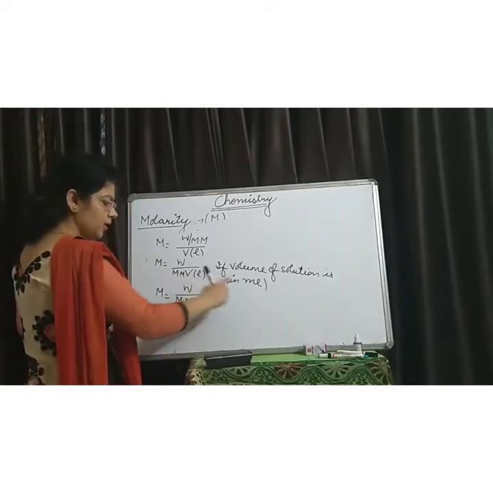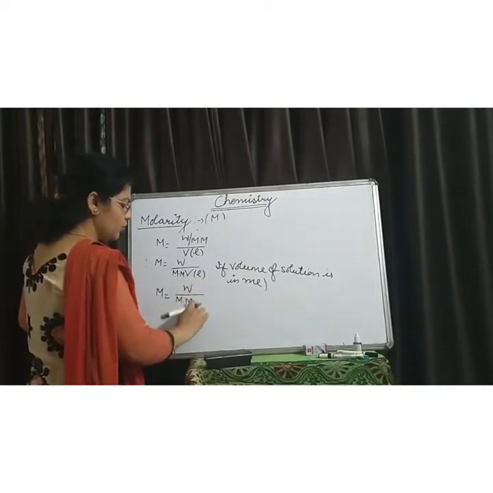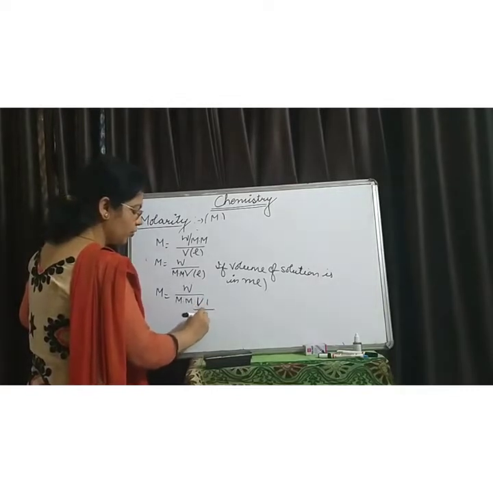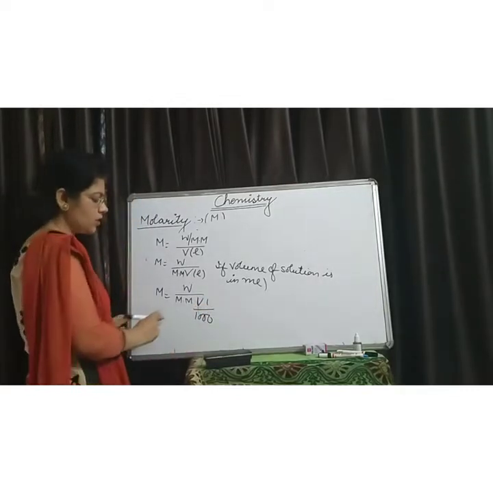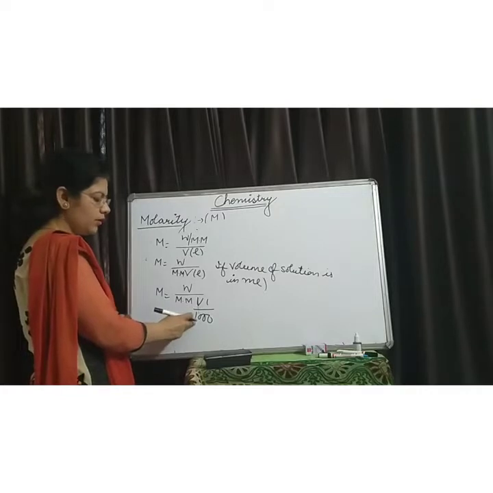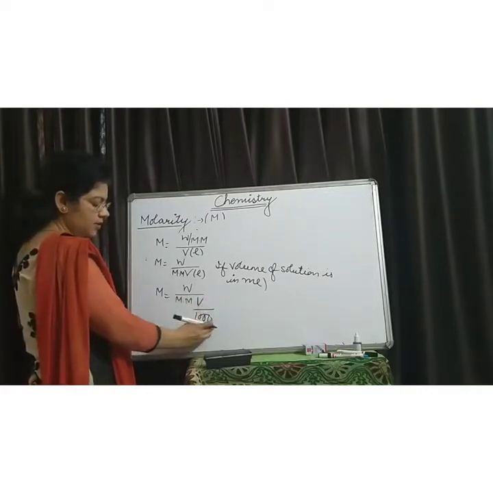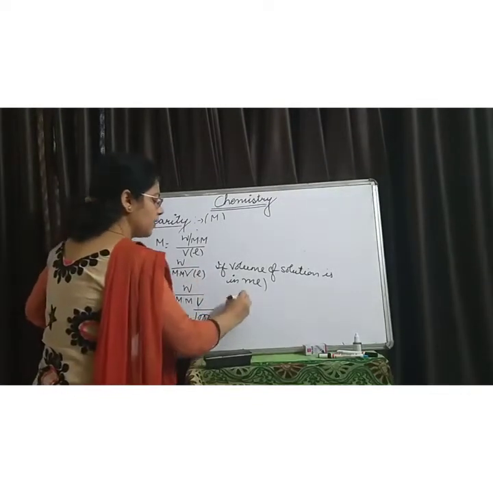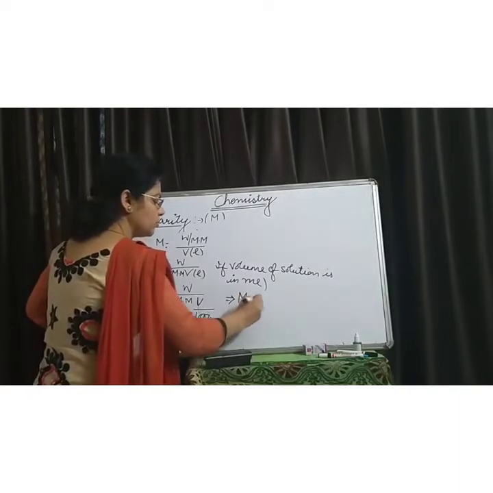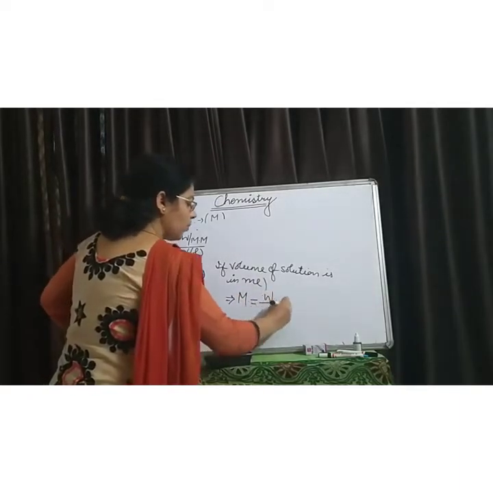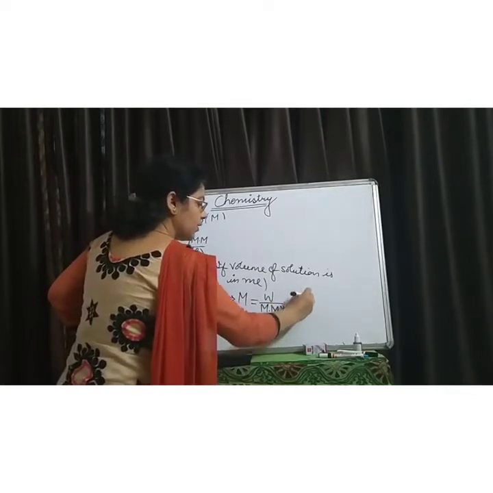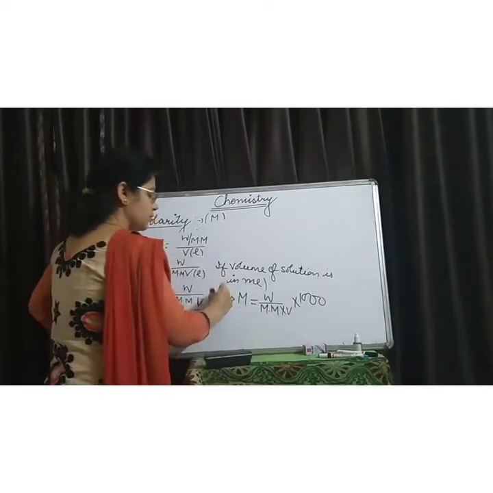As volume is in milliliter, so we have to divide volume by 1000 so that it should be in liters. As it is in the denominator, when you solve this, it comes on the numerator, and its formula becomes M is equal to W upon MM into V multiplied by 1000.